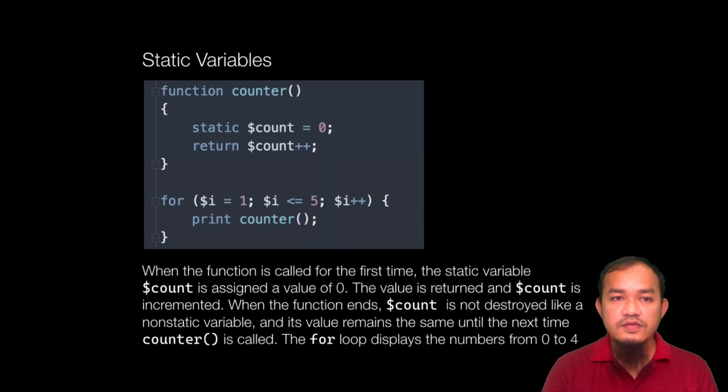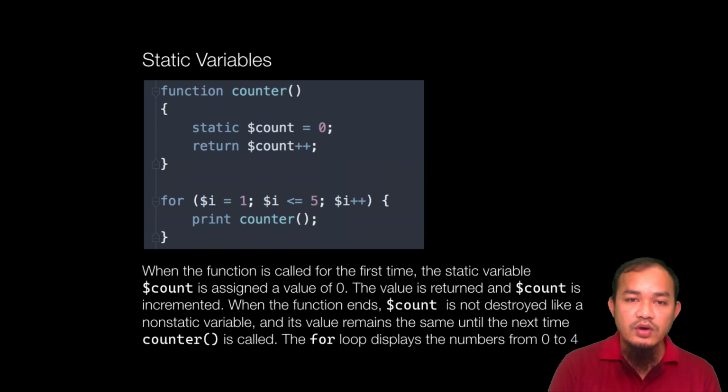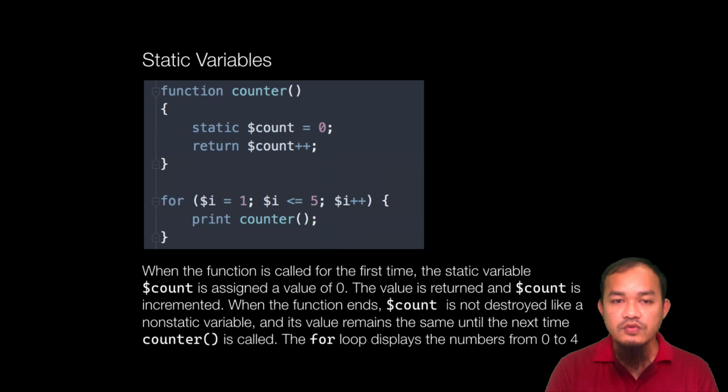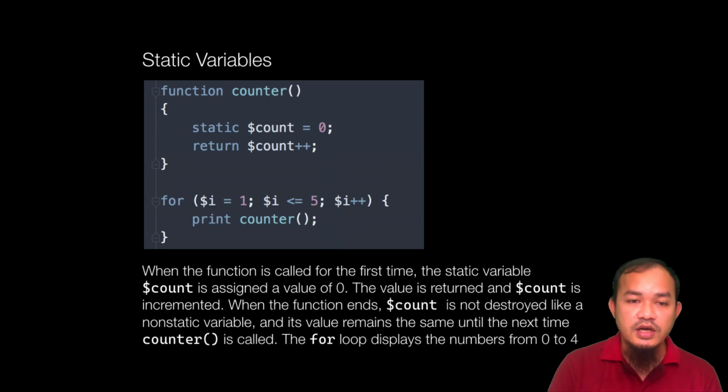Let's see this one. If we define a static variable, for example, here we have a function counter. We define a count variable as static, starting from 0, and then we return count plus plus, and then we loop by using for, i equals 1, and i less than or equal to 5, then i plus plus, and print counter.